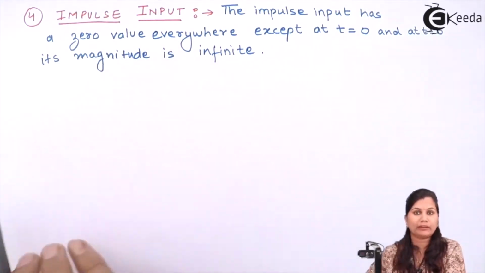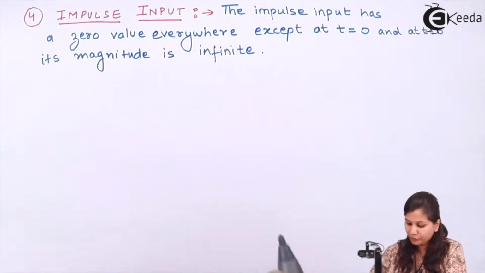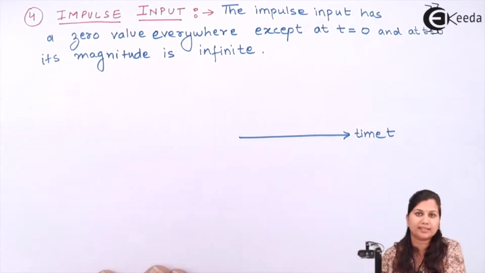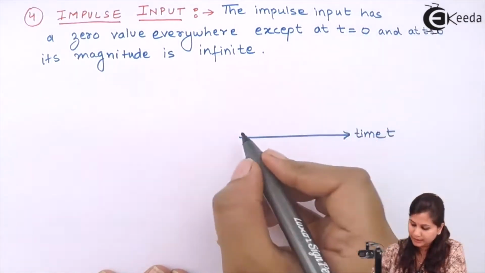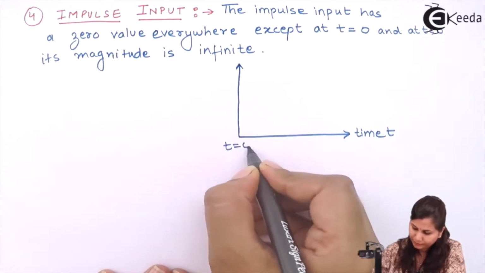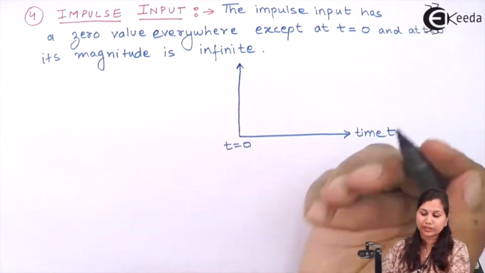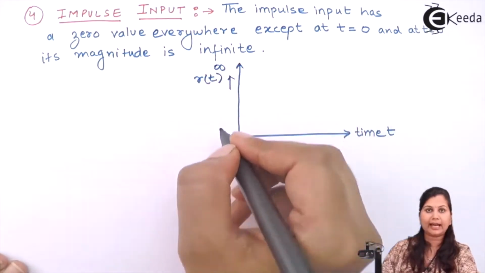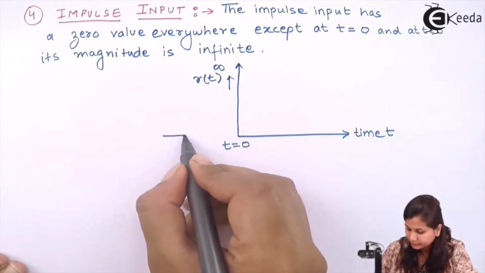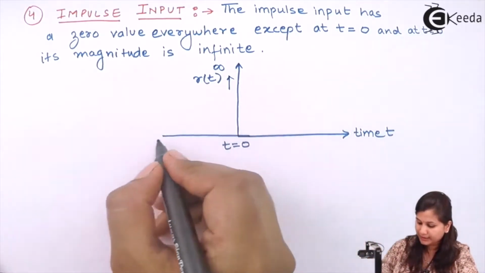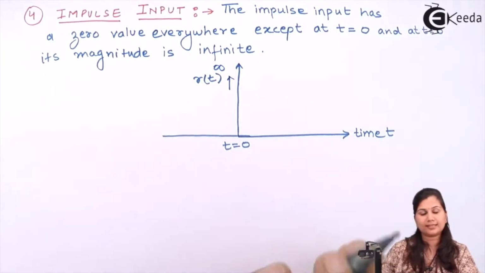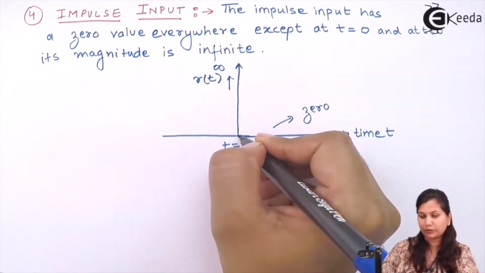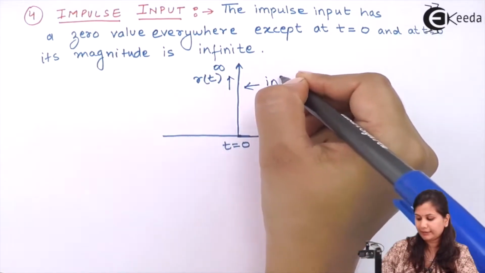The impulse input has 0 value everywhere. If we draw it on the time axis t, everywhere on this axis it has 0 value except at t equals 0. At t equals 0, its magnitude is infinite. On the positive and the negative time, at all these instants, it has magnitude 0, except at t equals 0, where the magnitude is infinite.